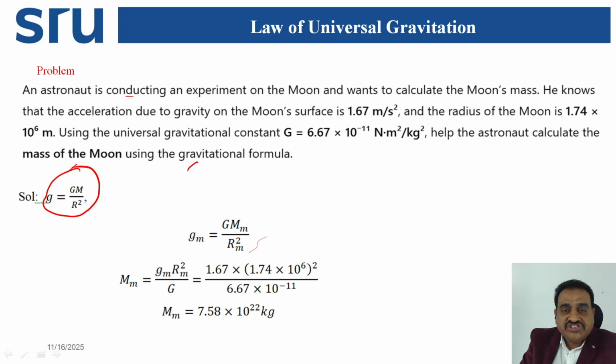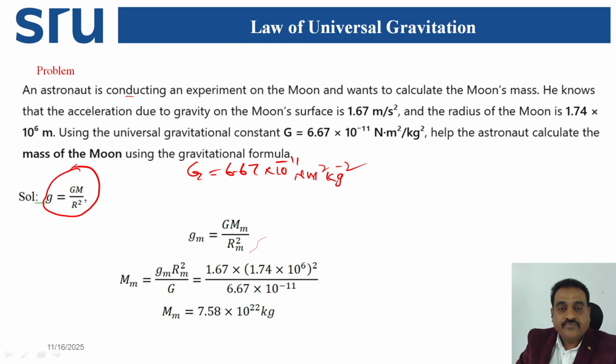So the given value: G is 6.67 × 10^-11 Newton meter square per kg square. You know very well that the moon's small g value is equal to capital G M_m by R square.